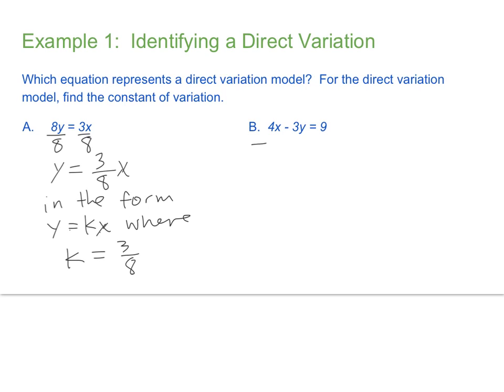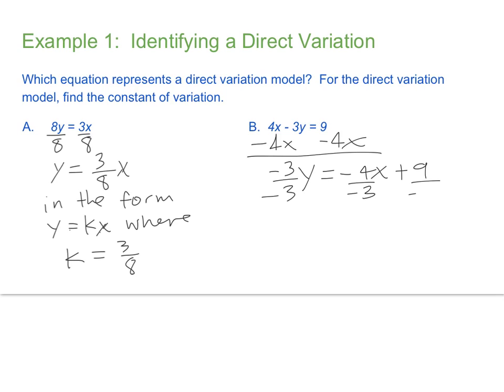For b, we also will solve for y. The first thing I'll do is take 4x away from both sides, and I end up with negative 3y equals negative 4x plus 9. Then I divide both sides of the equation by negative 3, and I end up with y equals 4/3 x minus 3.